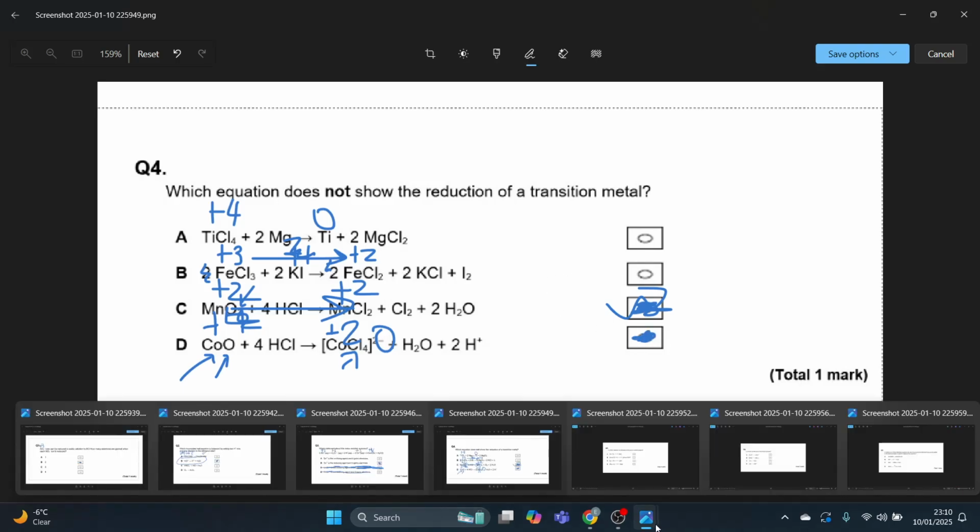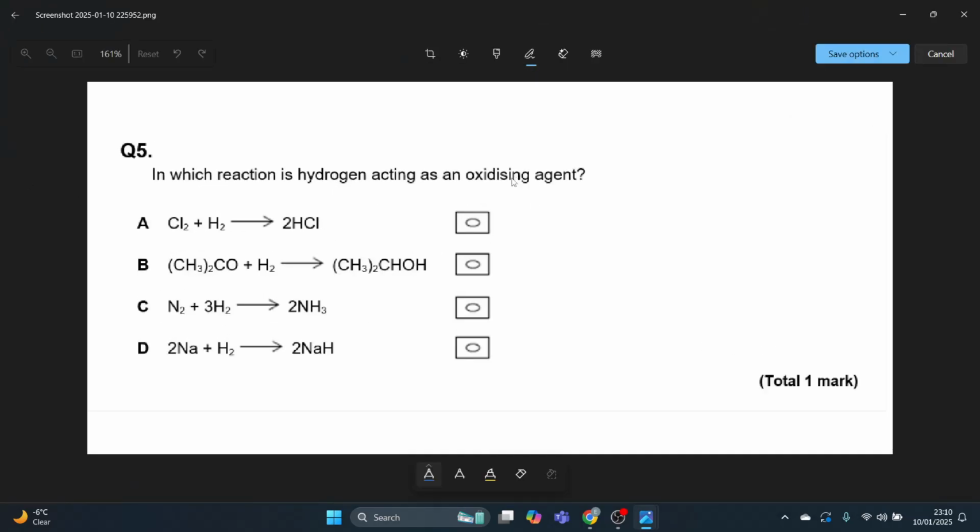Learn from my mistakes though. Question 5. In which reaction is hydrogen acting as an oxidizing agent? In this case, hydrogen goes from 0 to -1. If it's an oxidizing agent, what happens to the oxidation state? It will decrease.